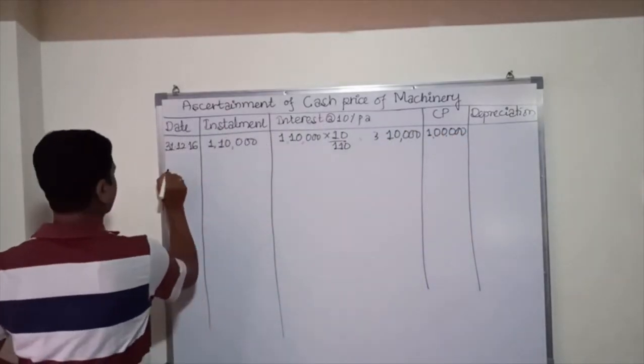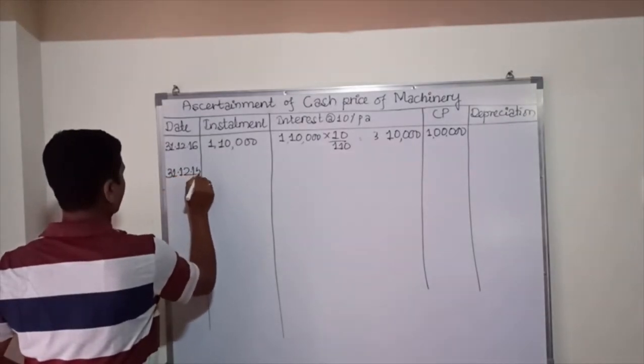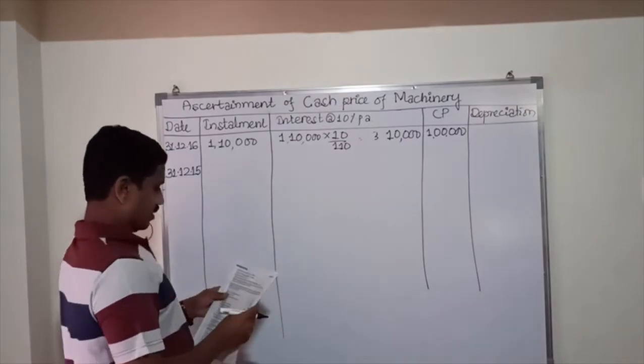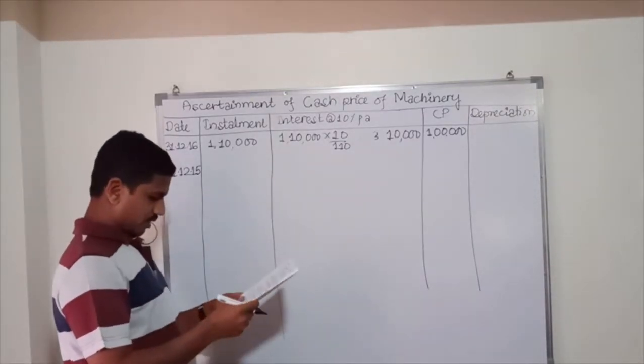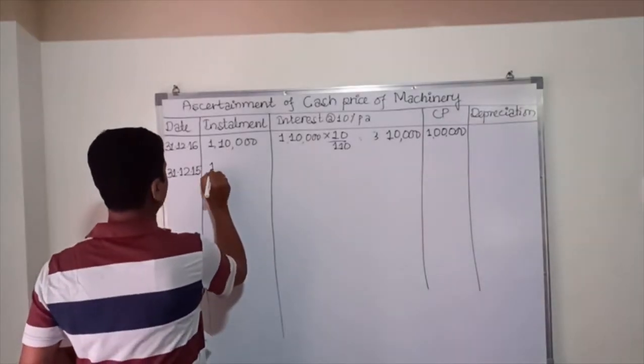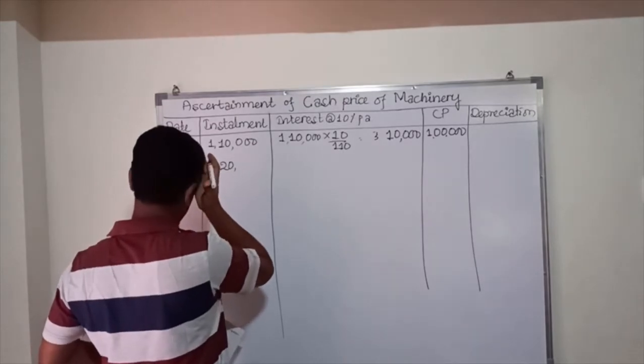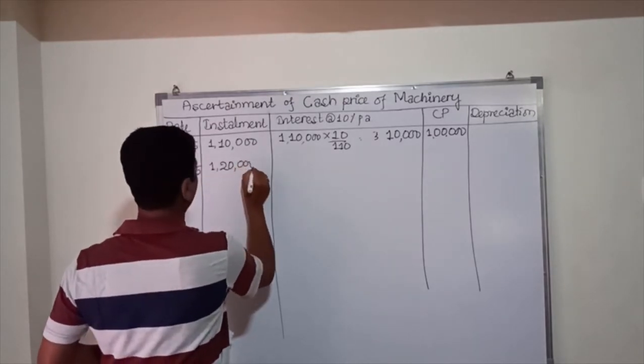Then the next installment is due on 31/12/15. The second installment is given as 1,20,000.